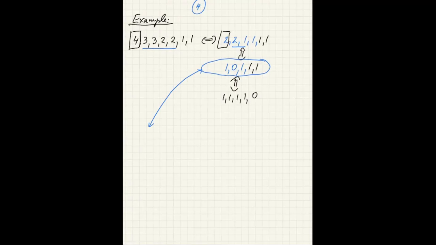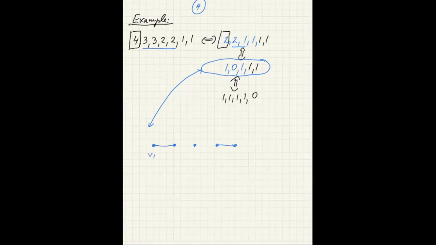Well, the vertex of degree 0 is called an isolated vertex. It has no edges. And then the other ones each have degree 1. So we can do one edge here, one edge here.